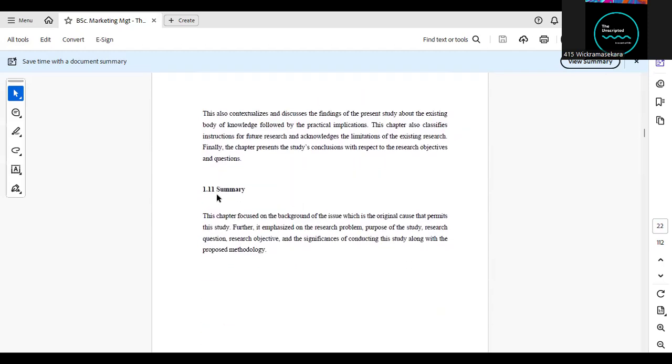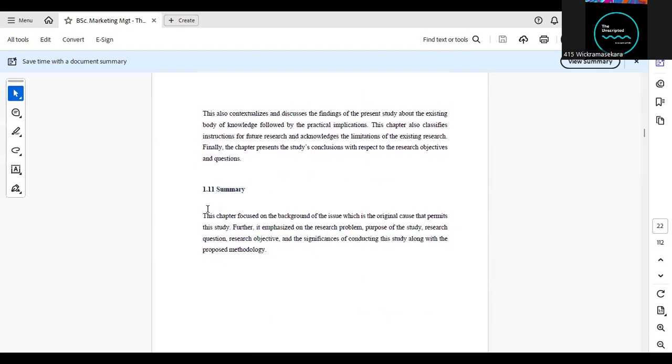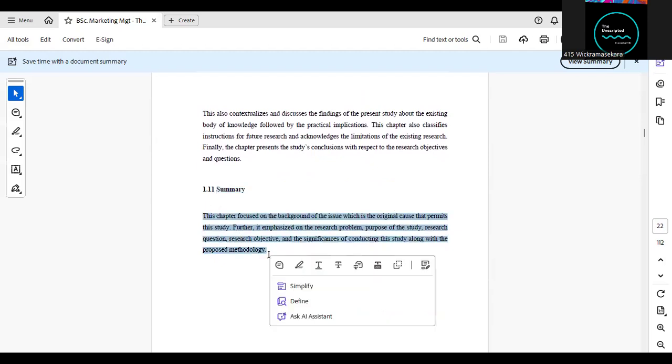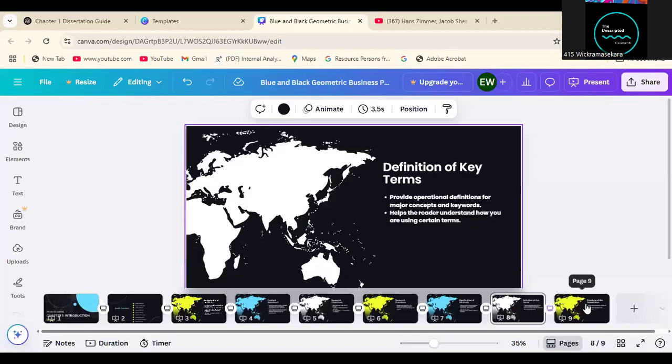And then finally, like I said, there has to be a chapter summary, which is written in the past tense, because now you have to discuss what chapter 1 was all about, right? So it could again be 100 to 150 words.